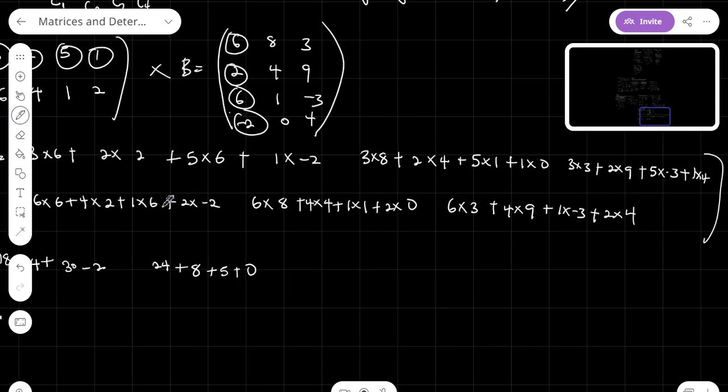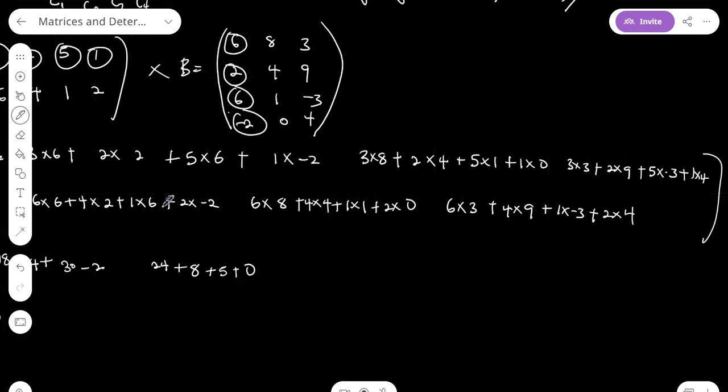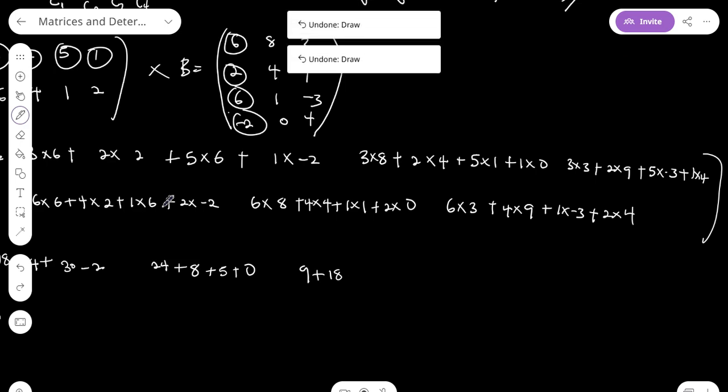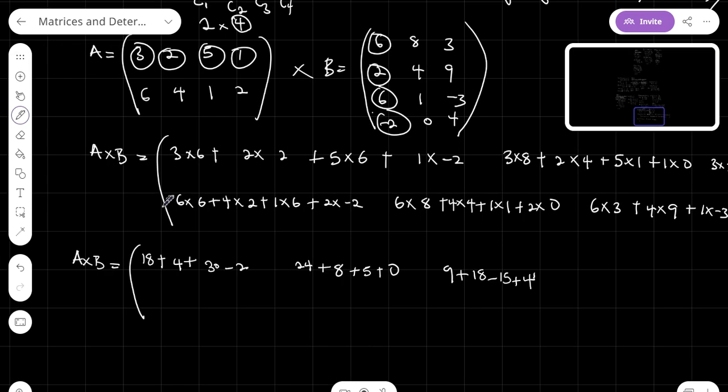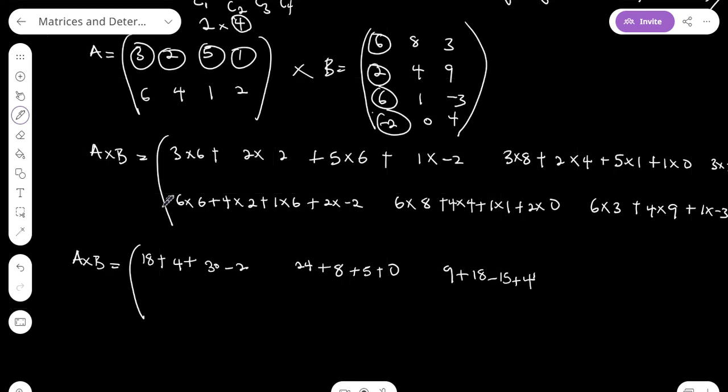For the next one, we have 3 times 3 is 9, 2 times 9 is 18, plus 5 times minus 3 is minus 15, and then 1 times 4 is plus 4. Now, we are getting there already.